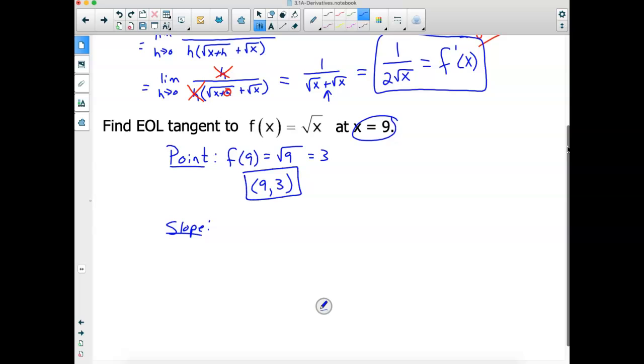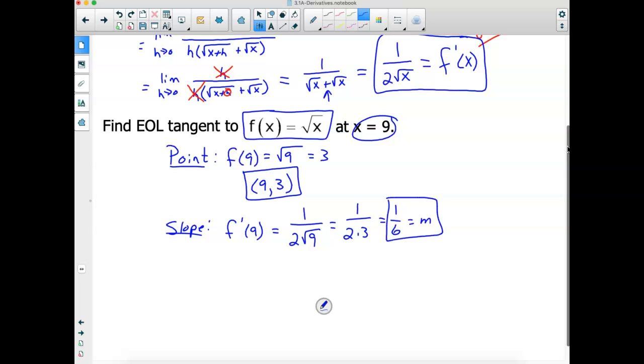So my point comes off the original function. My slope is f prime of 9, which is 1 over 2 times the square root of 9, which is 1 over 2 times 3, which is 1/6. That's my slope. So if it's a tangent line, I have my point and my slope.